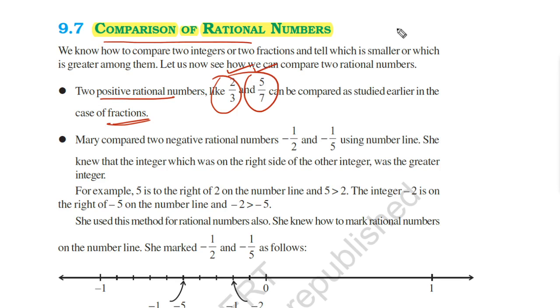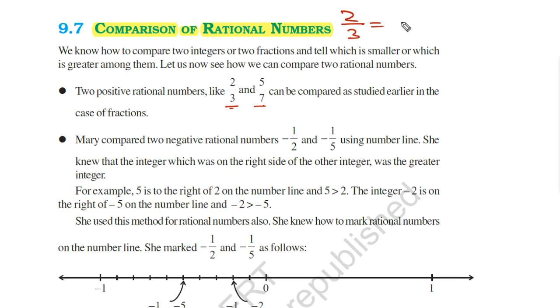In both cases the denominators are 3 and 7, and what we do is find the LCM of these denominators. LCM of 7 and 3 is 21. So first we take 2 by 3, which will be equal to 2 by 3 into 7 by 7, so it will be equal to 14 by 21.